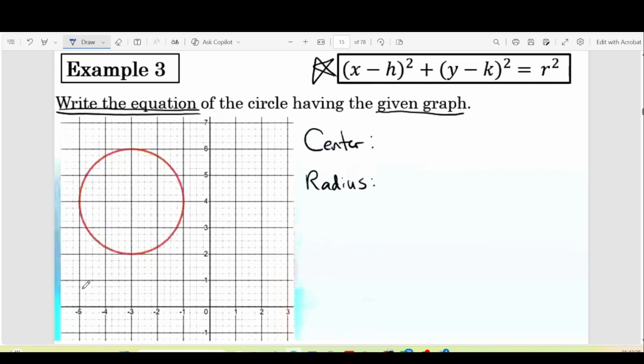Okay, great. So here we have this graph. Using this we need to write the equation. So first, can you tell me what the center coordinates are here?